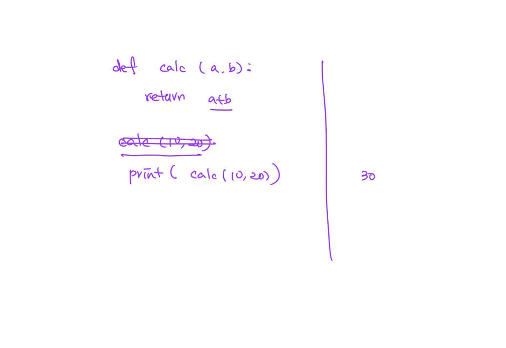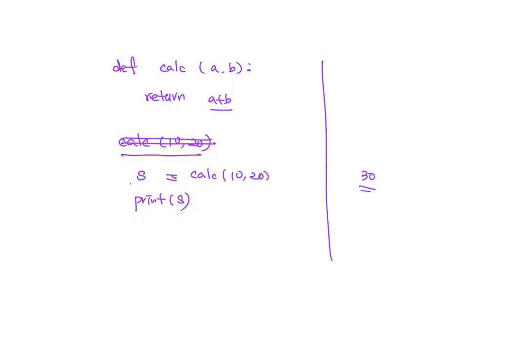If I define S with the value of calc of 10 and 20, and then print S, this variable S will receive the value 30, and 30 will be displayed on the screen. So in this case, my function returns one value.